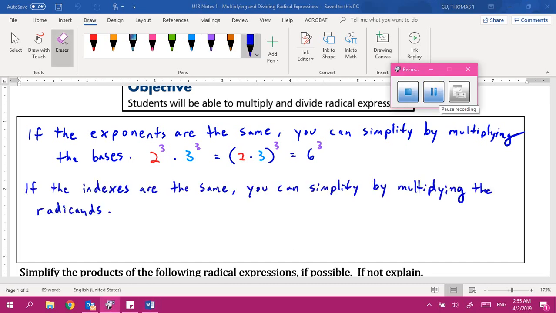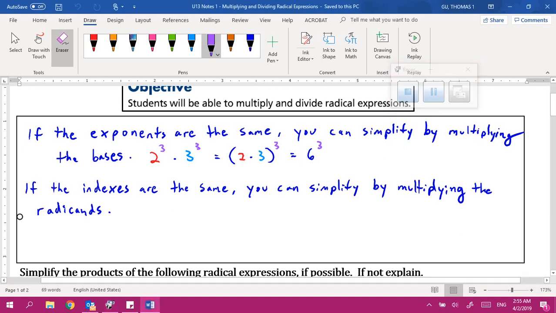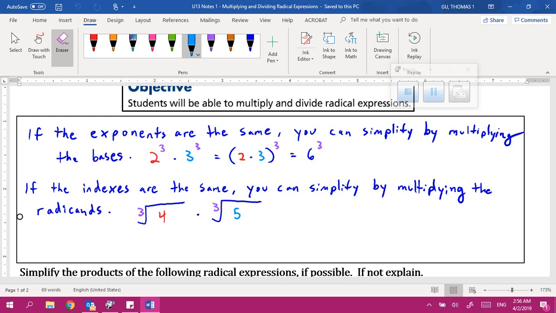Now for the next rule. If the indexes are the same, you can simplify by multiplying the radicands, or what is under the radical. For example, if you have the cube root of 4 times the cube root of 5, notice the index on both of these is 3.